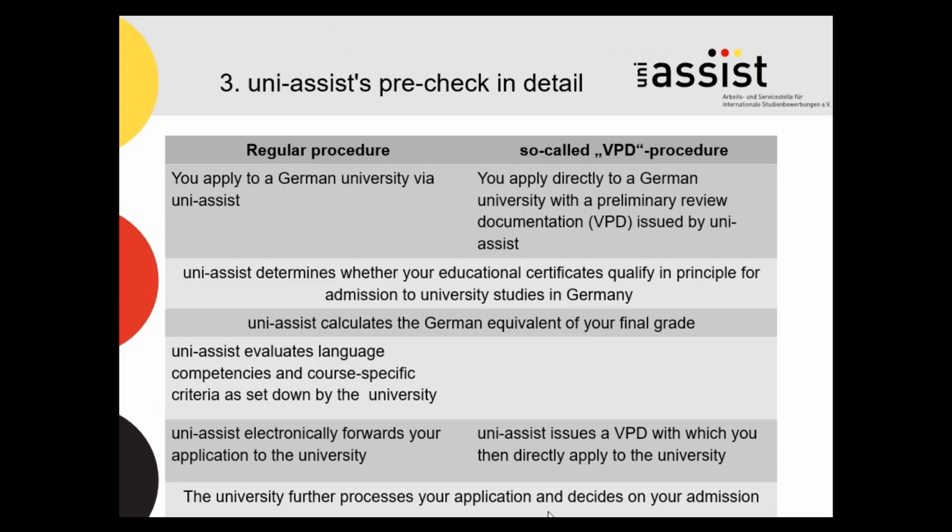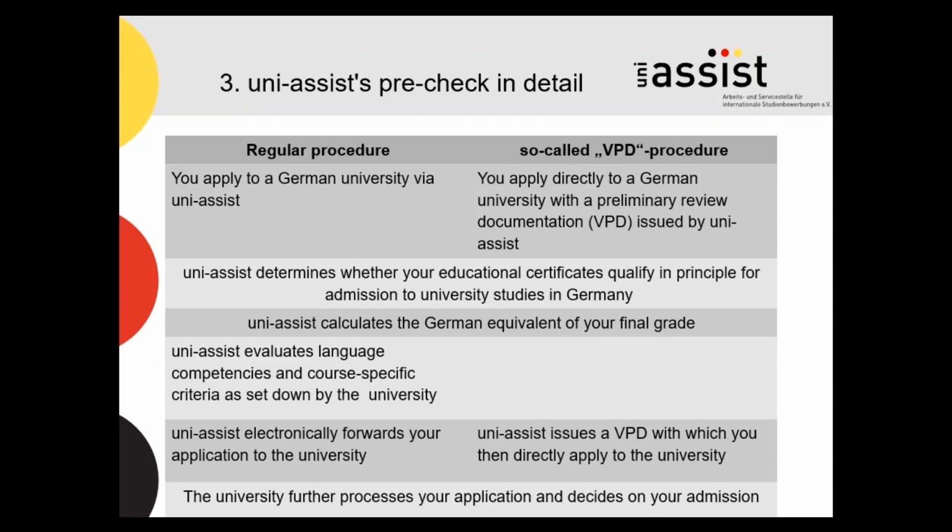We pre-check your application, and there are two procedures. You apply at a German university via Uni-assist, or you submit your application to Uni-assist and we issue a preliminary review documentation, and with that, you apply directly at a university.